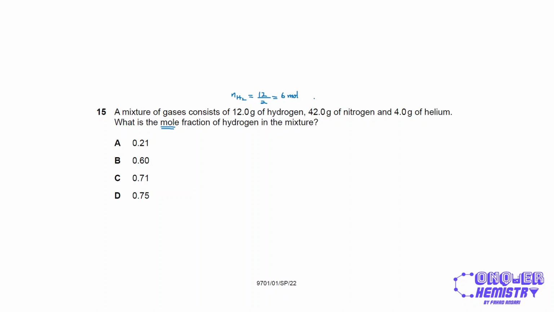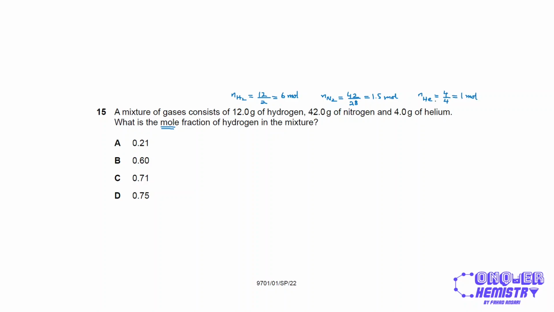For nitrogen, you have 42 grams, which is your mass. You divide it by the Mr, which is 28. So this turns out to be 1.5. And for helium, the mass is 4. The Ar of helium, because this is a noble gas, we go for Ar, is 4, so this is 1 mole.